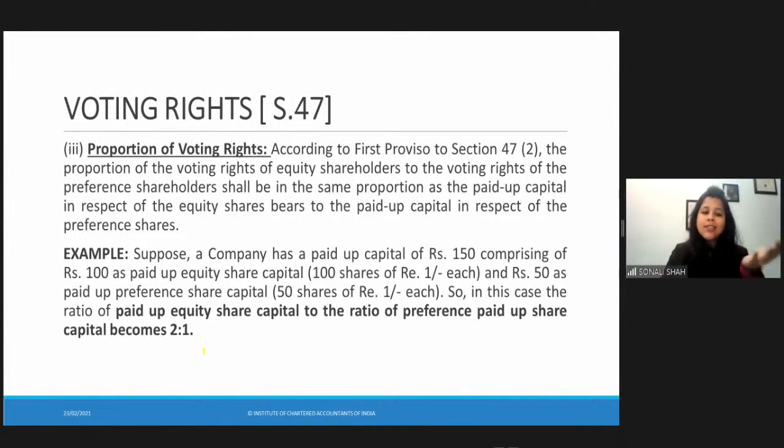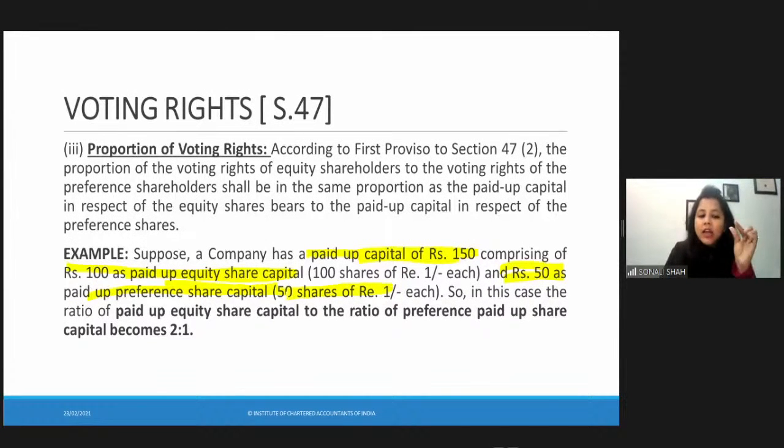This will help you understand the proportion of voting rights, as you will get confused to the core. So look at this example. Suppose a company has a paid up capital of rupees 150. In this paid up share capital, rupees 100 is the paid up equity share capital, 100 shares of rupees 1 each, and rupees 50 is the paid up preference share capital.